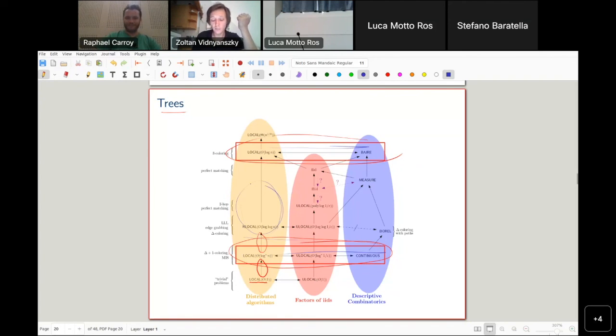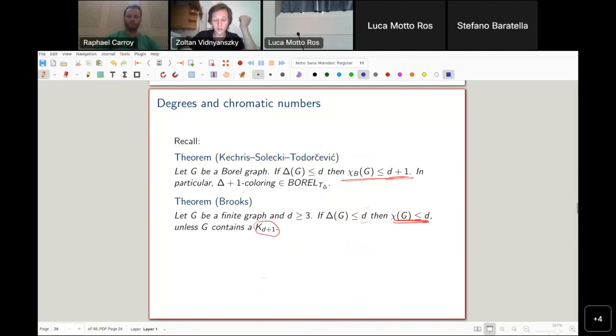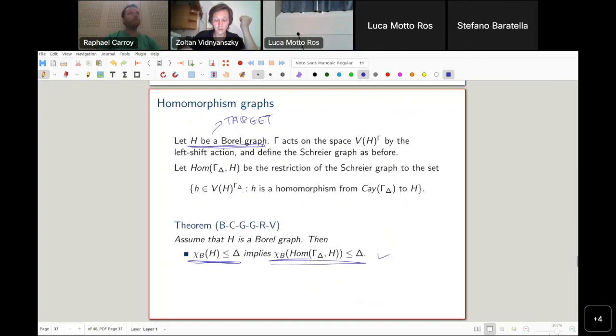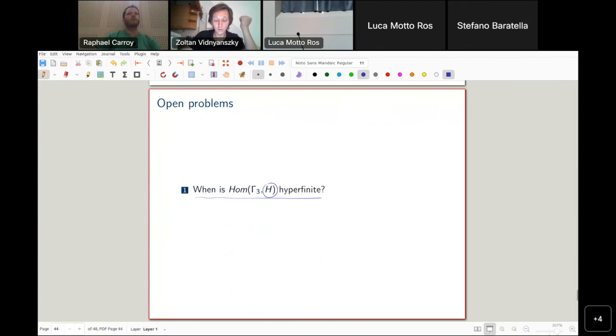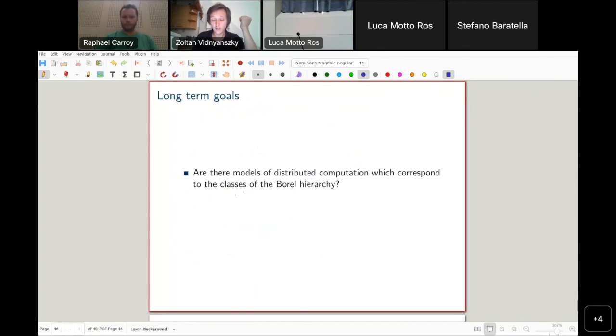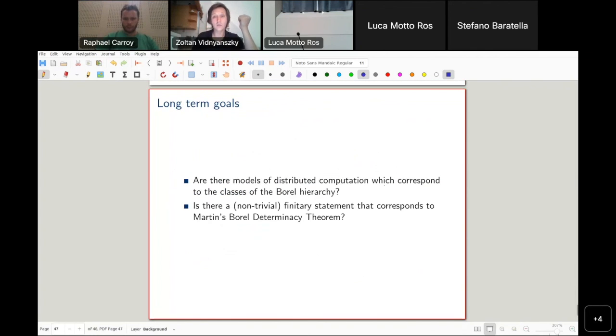But anyways, that should be, I guess, the open question here, whether there is an analog of the Borel hierarchy in distributed computing.